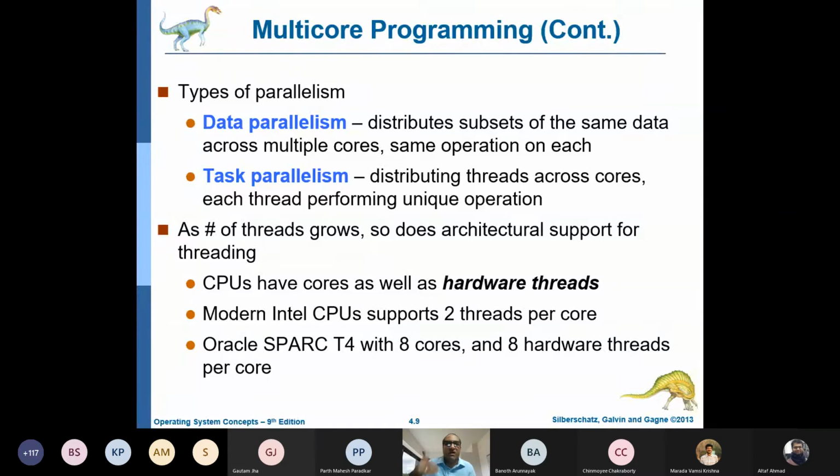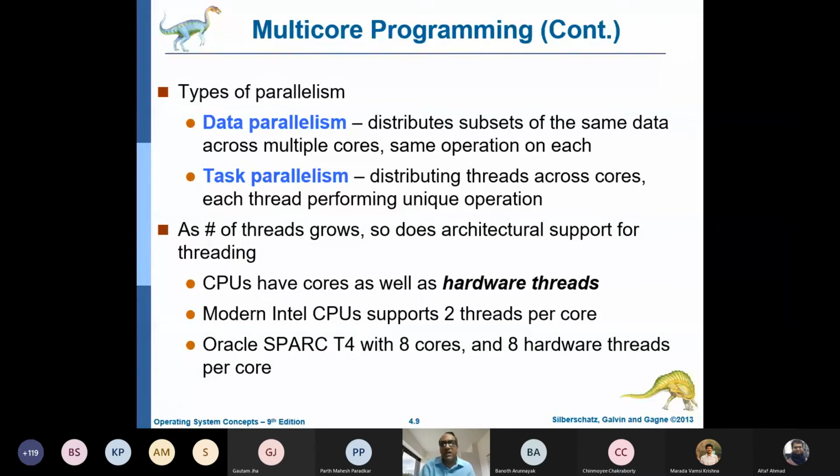Software threads, basically user level threads, are the threads within a program or an application program. Hardware threads are where, on a single CPU, you can schedule multiple threads. But the CPU can execute only one thread at any point of time. How does it entertain multiple threads?